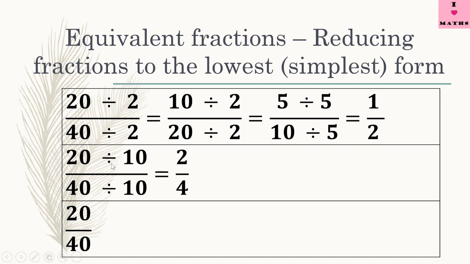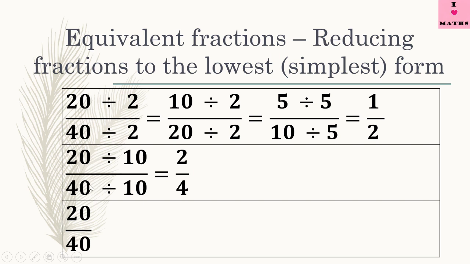So some child may say, ma'am, 10. Yes, 10 is the number. 10 twos are 20, so 20 divided by 10 will give us 2, and 40 divided by 10 will give us 4. So 2 upon 4 is equal to 20 upon 40.